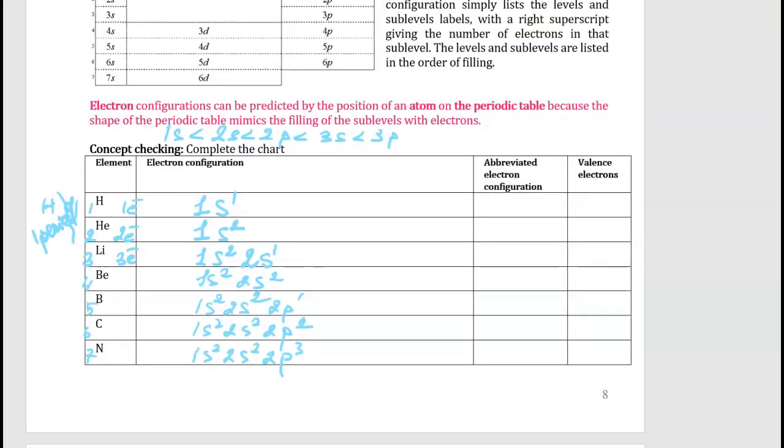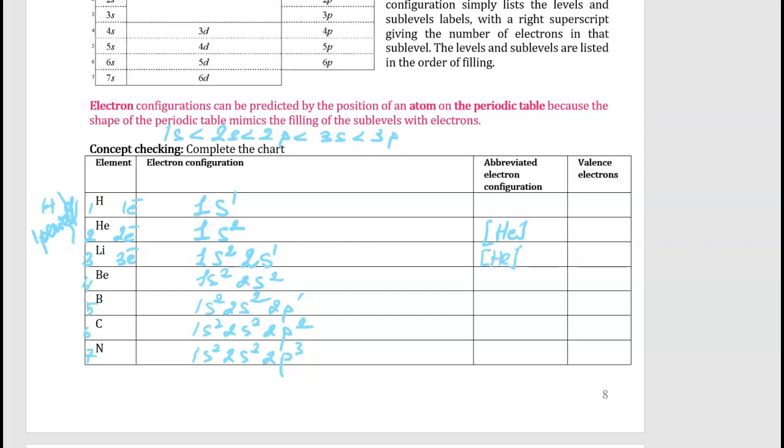Chemists do not all the time use this long form of electron configuration. Very often they use abbreviated electron configuration, and I'm going to show you how to do that. We can start with the noble gas helium. So helium, right? And the next element, we will compare it to helium.